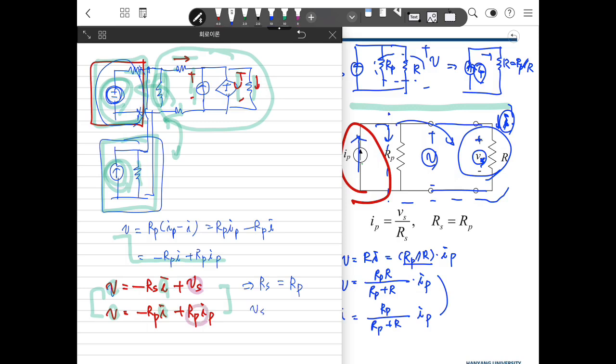So Vs should be Rp Ip. For the same reason, Ip should be Vs divided by Rs. So that is the characteristic of source transformation.